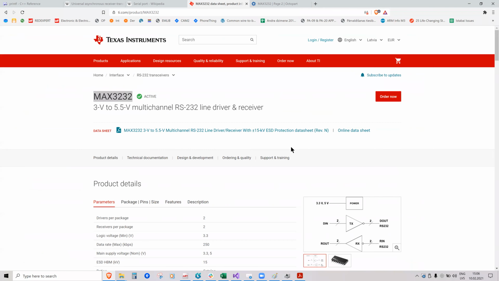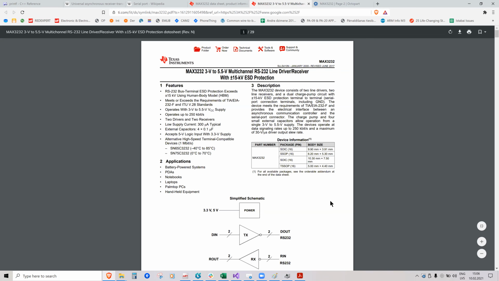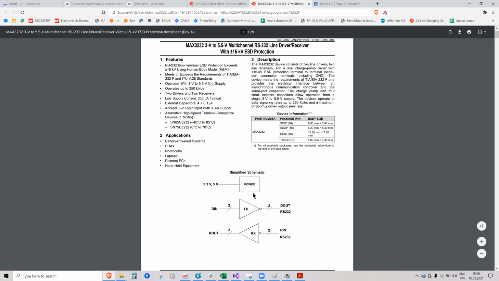Let's check out what this thing does. So basically, this is a simplified schematic. You can supply it from 3.3 volts or up to 5 volts. It has a built-in capacitive boost converter so that it creates its own 5-volt output. Then it drives the output lines with 5 volts.